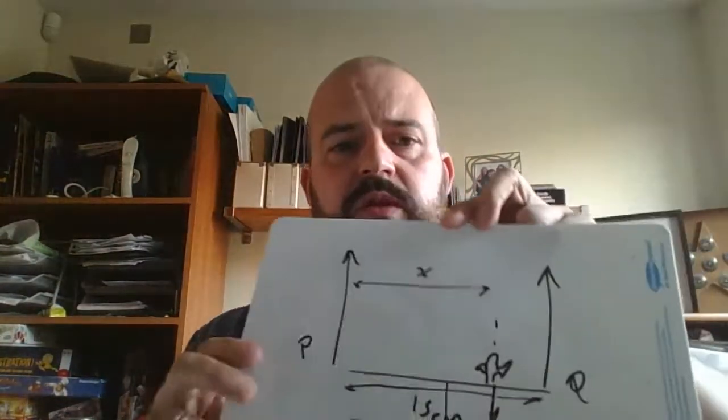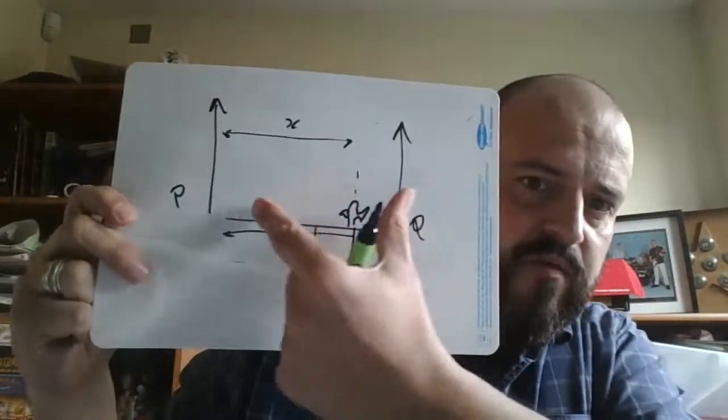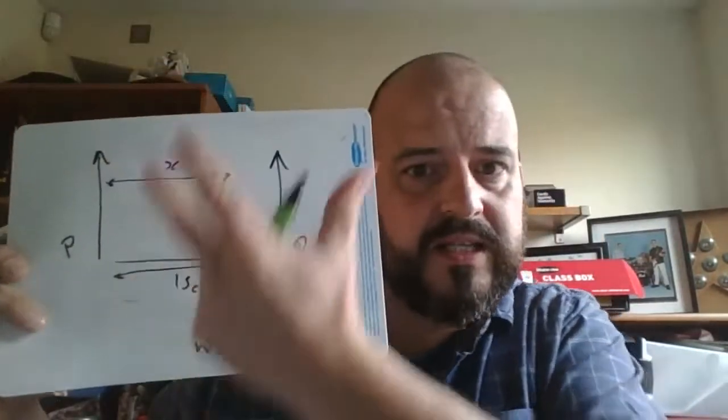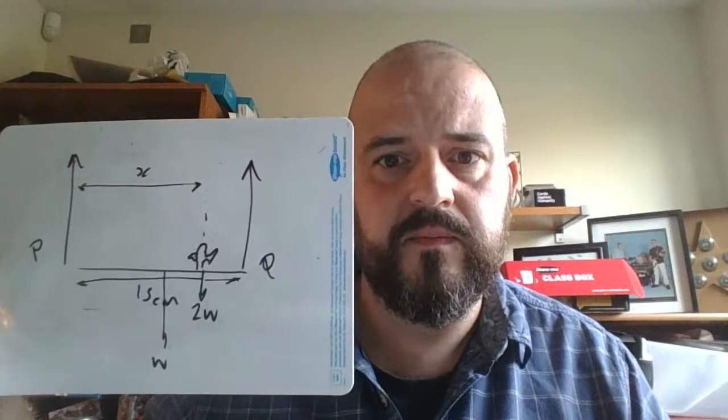So my method for this one would be obviously to take moments. We're trying to find X. And what we want to do here is, I would just give numbers. So we don't know what P or Q are, but what we do know is that Q is twice what P is. And what we also know in these questions is that everything weighing down has to be equal to everything going up.